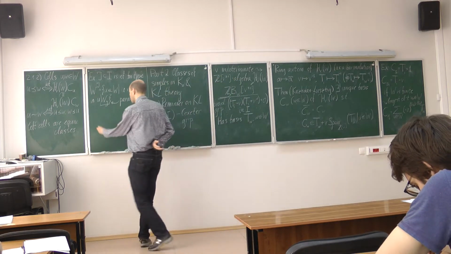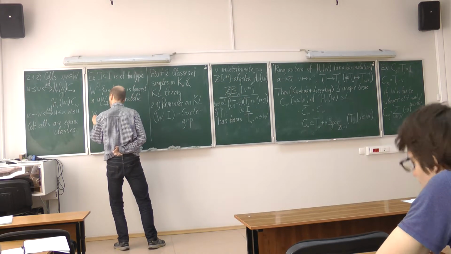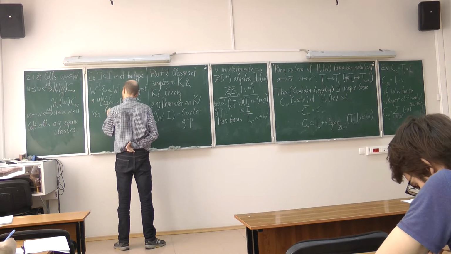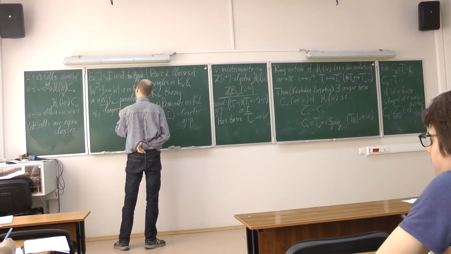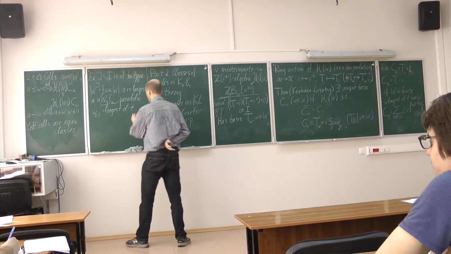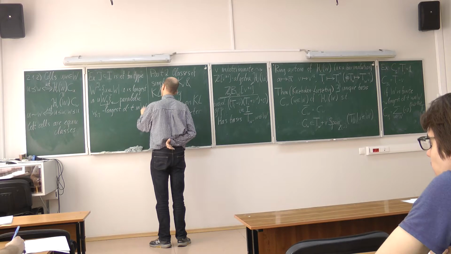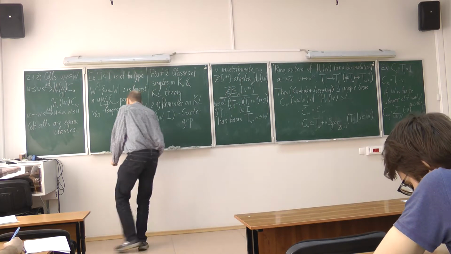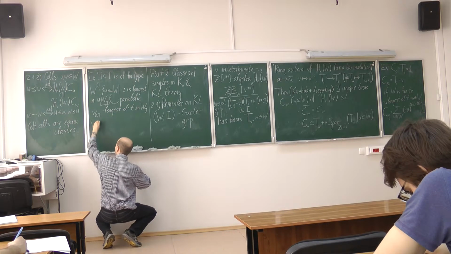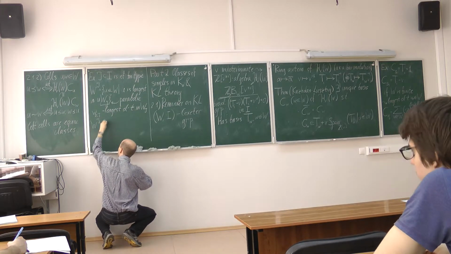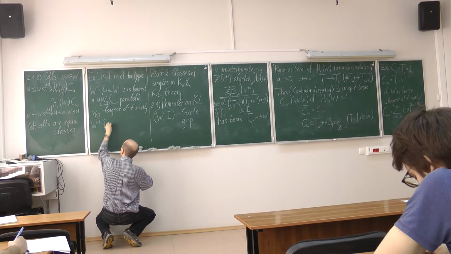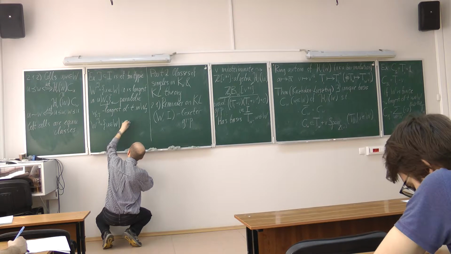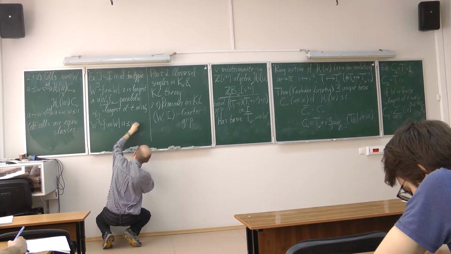And then, of course, I have the longest element, W0 sub J. That's the longest element in W sub J. And then one can show that W superscript J is in fact all elements in W such that U is less or equal than W0J.